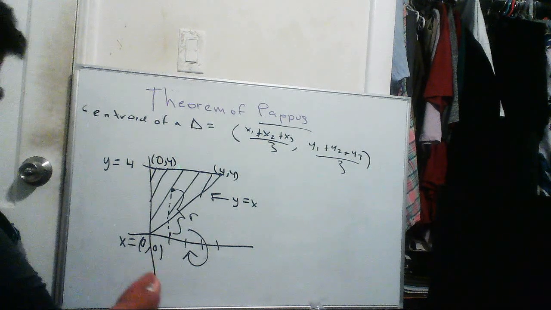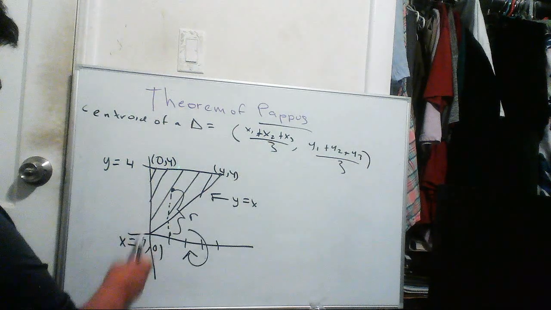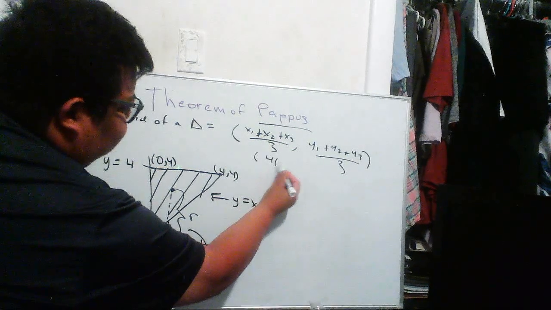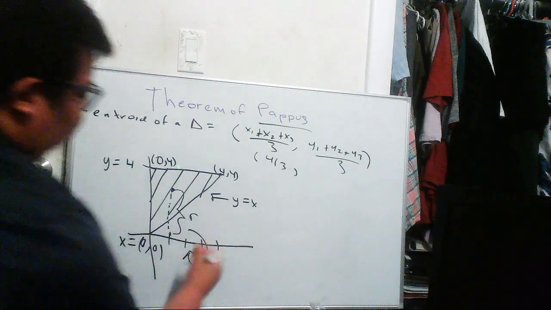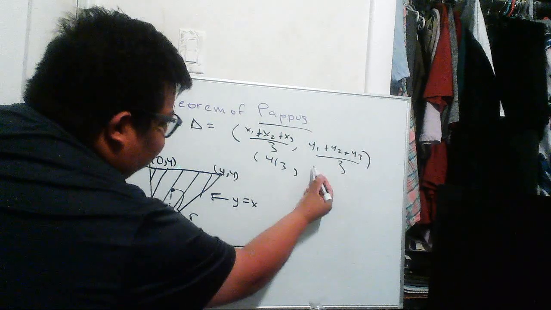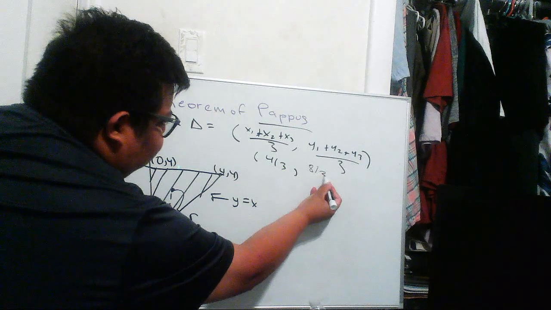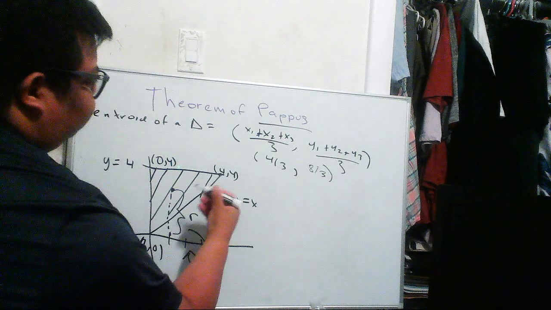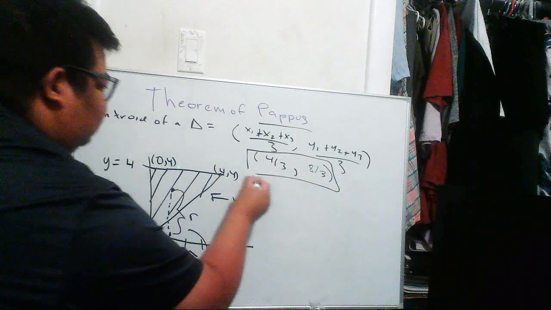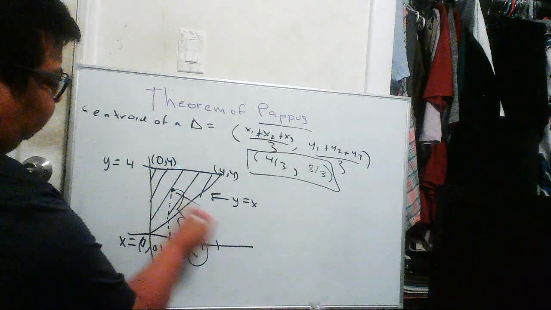If you notice here, your x's are 0, 0, 4. That means this is equal to 4 over 3. And then your y's are 4, 4, 0. So that would be 8 over 3. So this is your centroid.